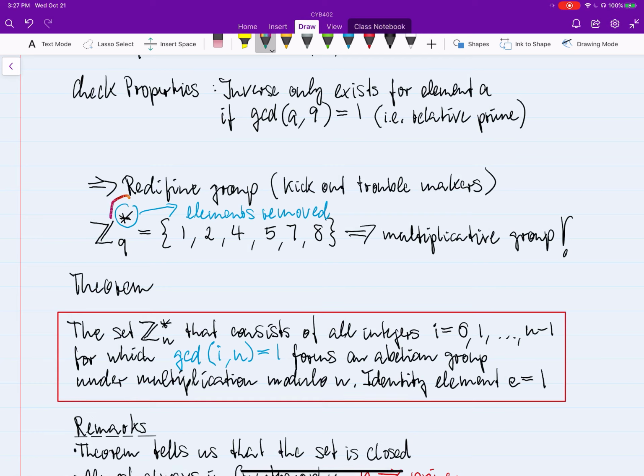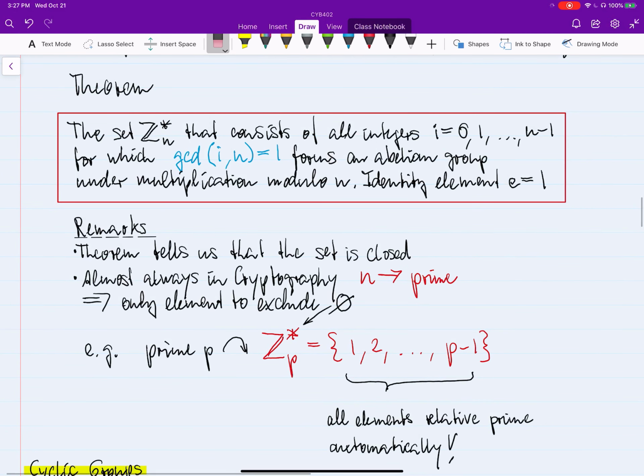And in order to make it clear that this is a different group than the one that we had originally, we add a star. So Z9 star is composed of these elements here, and all of these elements have inverses because none of them shares a factor other than 1 with 9. So this one is indeed a multiplicative group, a group under multiplication.